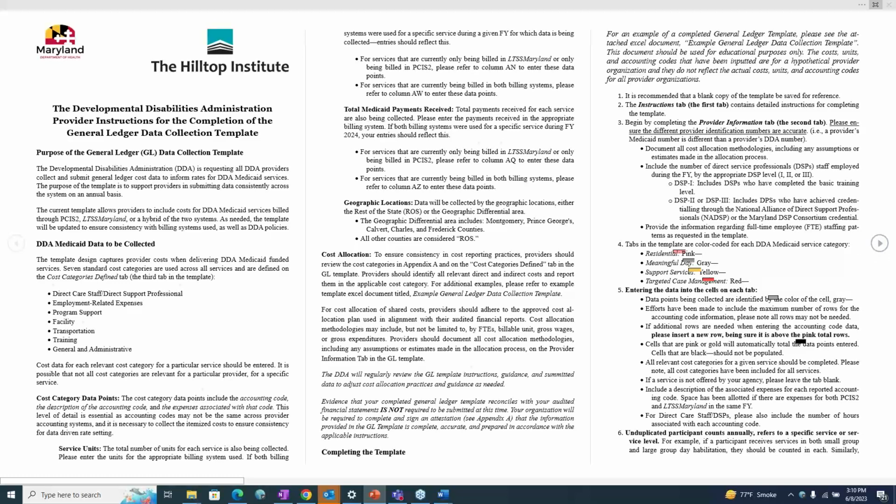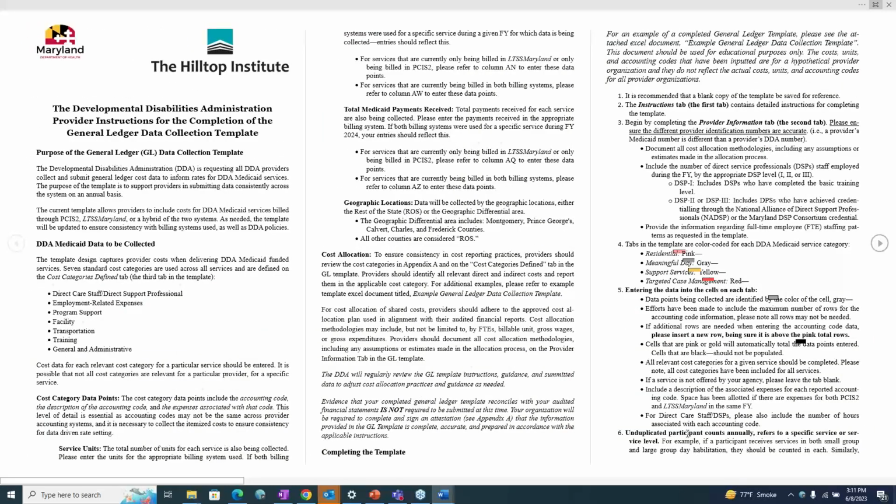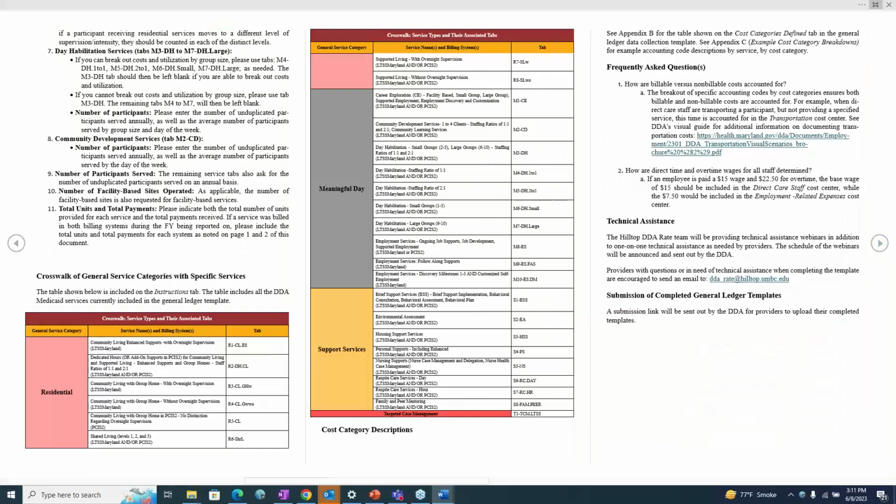Any data that you actually have to enter is colored gray so that you know that's what you're looking for. Also in the instructions is some additional specific information about questions or about definitions that you may have. Throughout the template, items that are asked for include unduplicated participant counts.